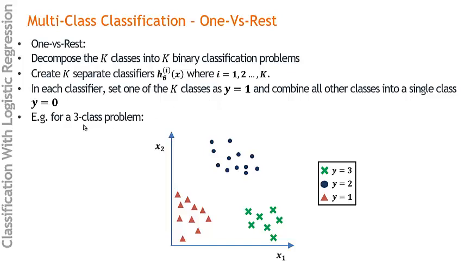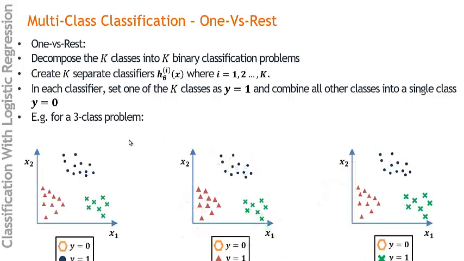Let's see how this works for a 3-class problem. Since there are 3 classes, there's going to be 3 classifiers, one classifier corresponding to each one of these 3 classes. Here we have 3 pictures to show 3 different classifiers.